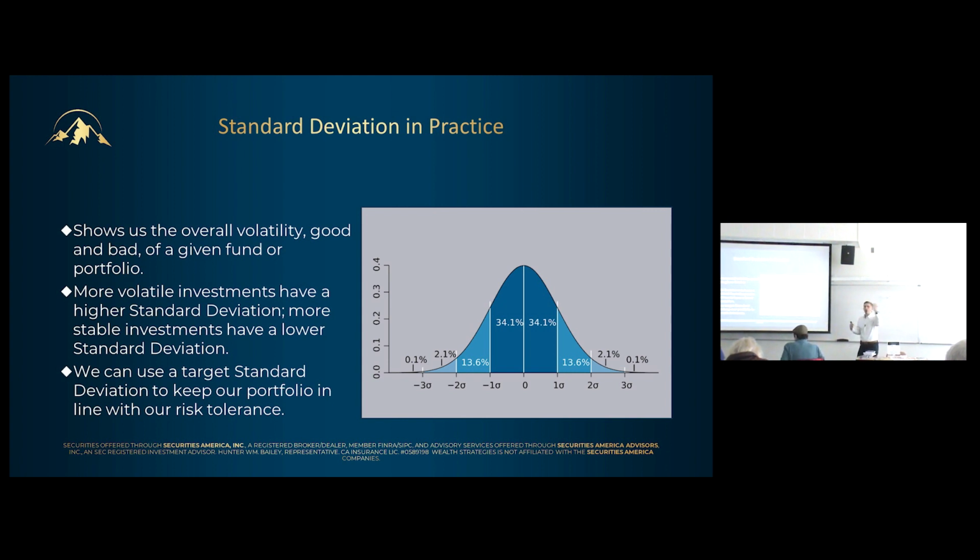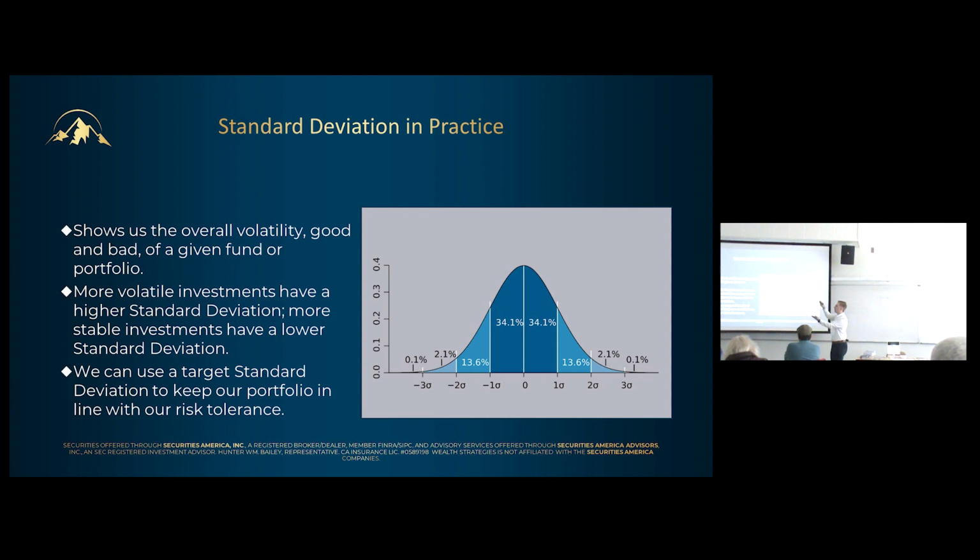Or if we're doing goals-based planning, if we're basing it on the achievement of a goal, I want to push standard deviation into an area where I know there's a really high percentage of us hitting our goal and not stretching ourselves too far, so that we don't have really wide-ranging returns.